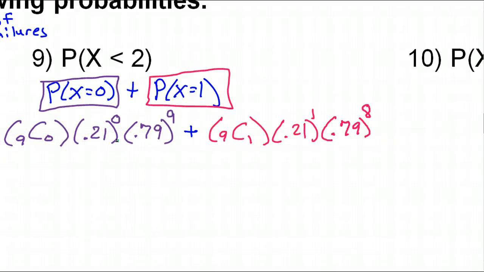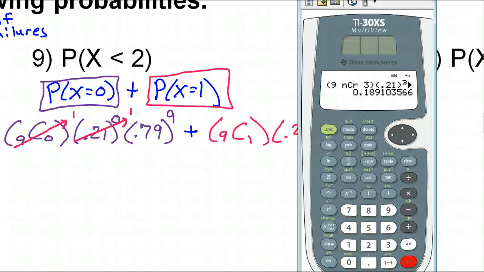Now if you want to be really slick about it, anything choose 0 is 1, just like anything to the 0 power is 1. So you can feel free to type this whole thing in your calculator like this. I'm only going to do this one time to make a point. I could type in 9 choose 0, and then times 0.21 to the 0 power, and then times 0.79.